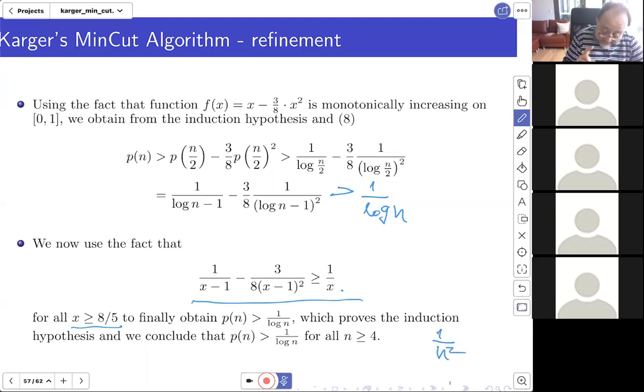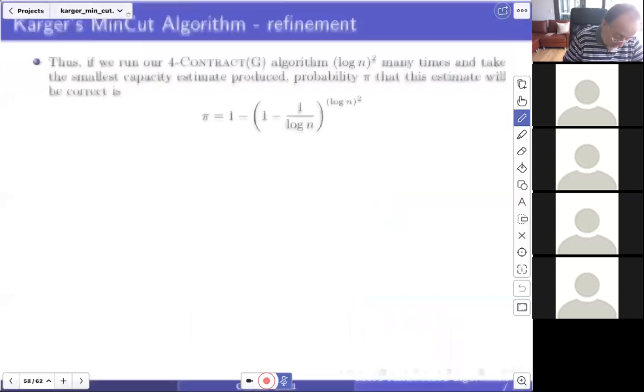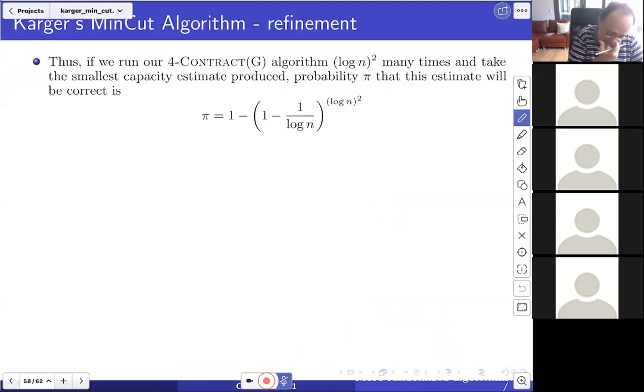So Karger managed to boost the probability by refining the algorithm from 1 over n squared to 1 over log n. And here it's crucial that the probability decays only as log n, because the final algorithm will now be as follows, right? So yet another refinement.